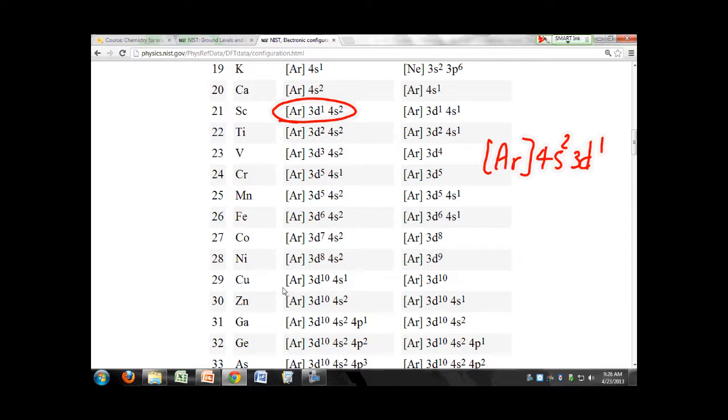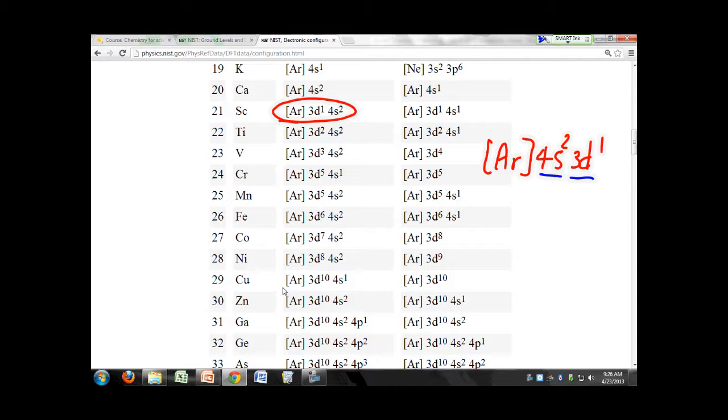So you might be wondering which one of these is right. Either one's actually correct, because when you're writing an electron configuration, all you're really specifying is how many electrons are assigned to a particular subshell. So it doesn't really matter in which order you write these.